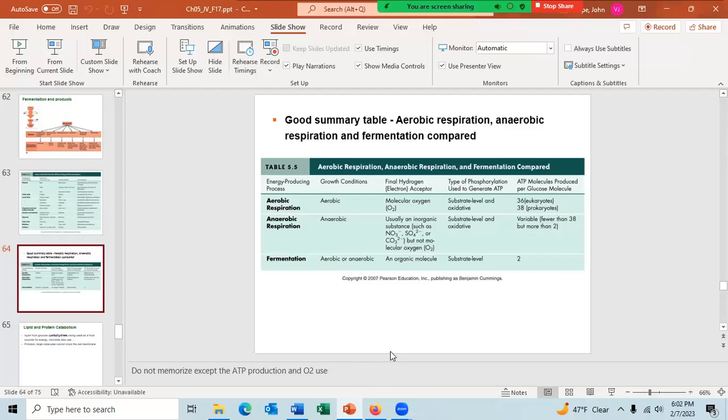And the point is, in aerobic respiration, the final electron acceptor is oxygen. We generate 36 to 38 ATP, with prokaryotes being 38 molecules of ATP per molecule of glucose.